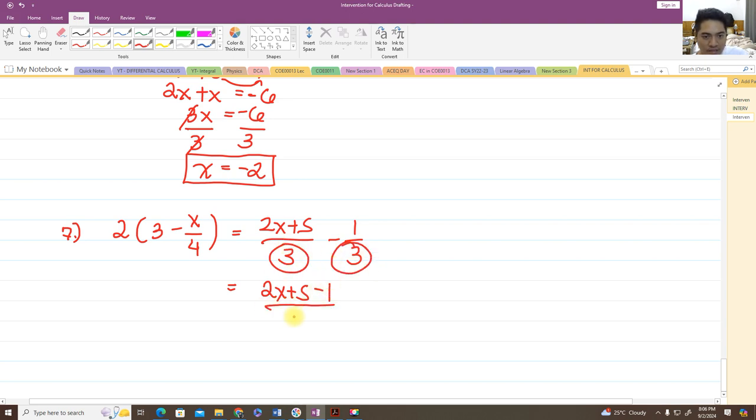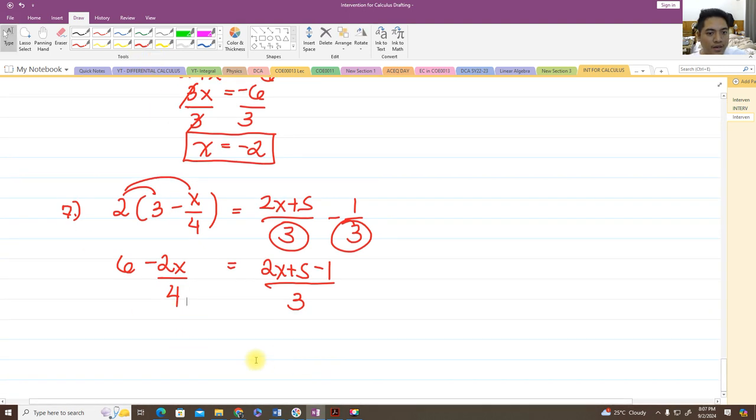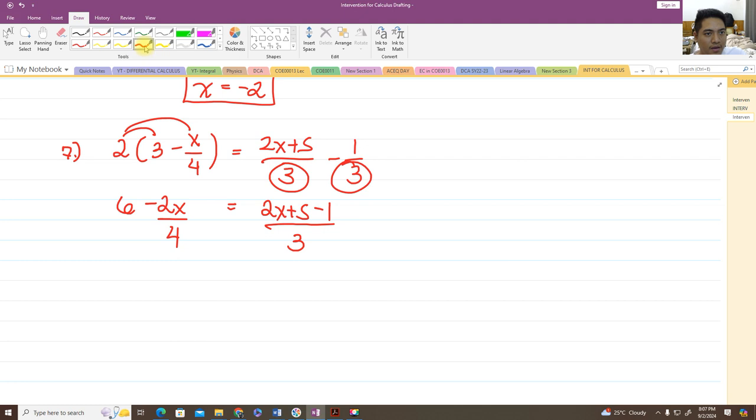So I can rewrite this as 2x plus 5 minus 1 all over 3. Now I'm going to distribute this. This would be 6 minus 2x all over 4. And honestly, we can still simplify the right-hand side.